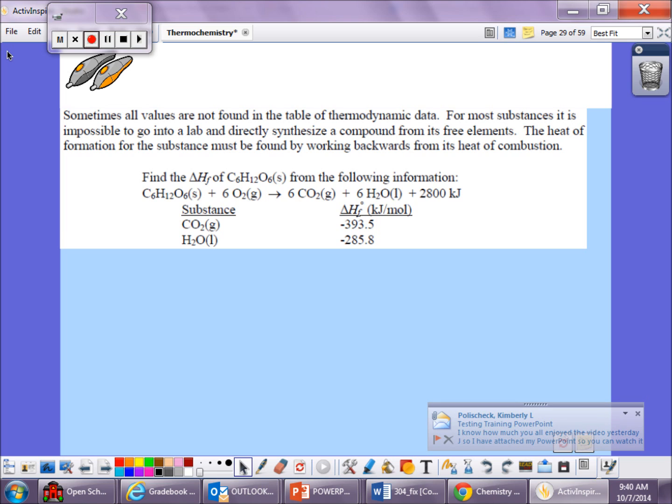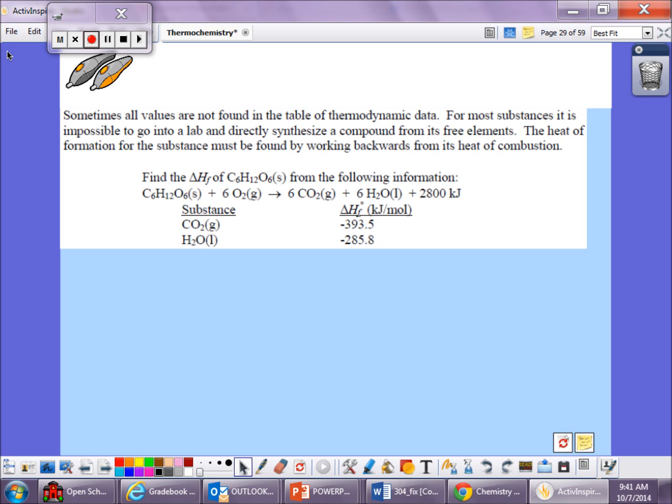Sometimes all values are not found in the table of thermodynamics data. For most substances, it is impossible to go into a lab and directly synthesize a compound from its free elements. The heat of formation of the substance must be found by working backwards from its heat of combustion. This is what happened here.